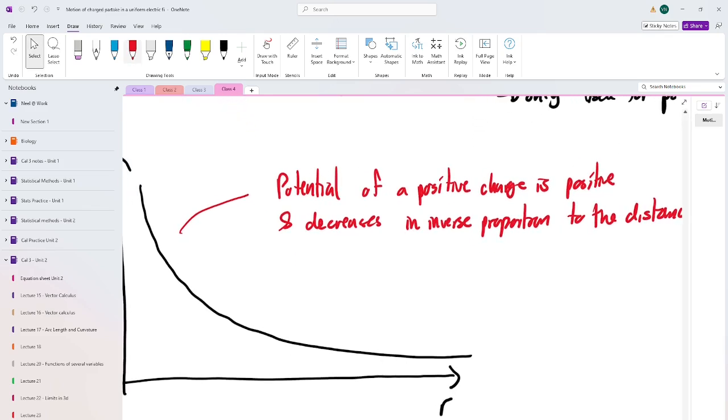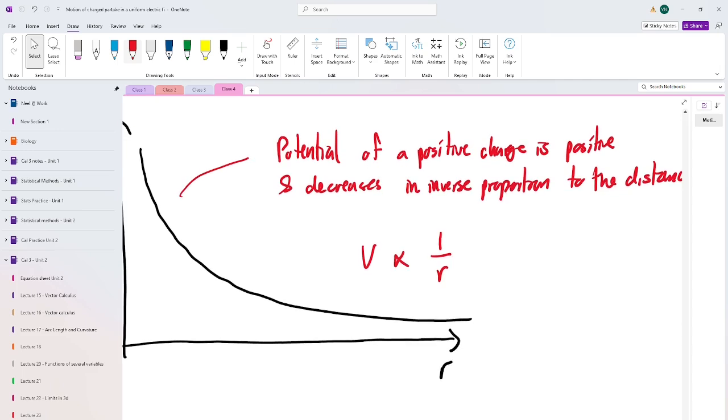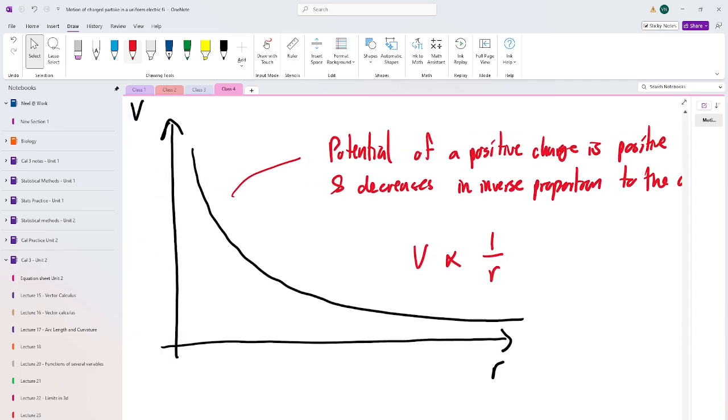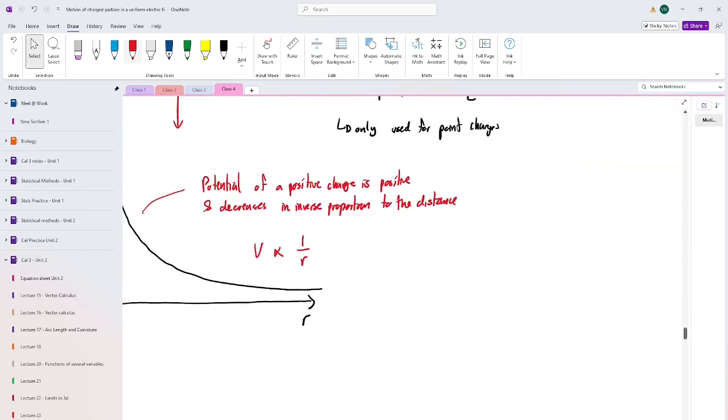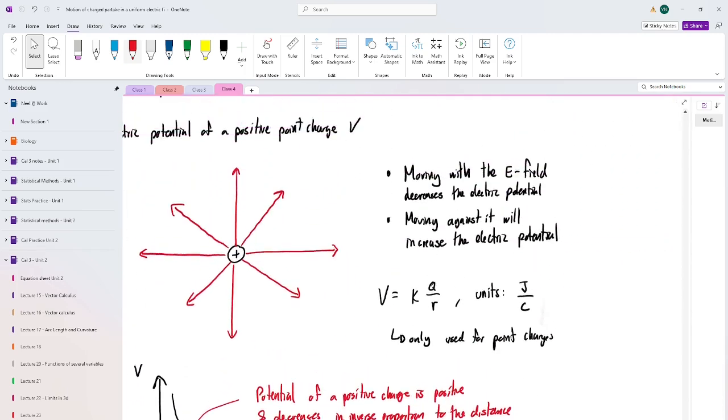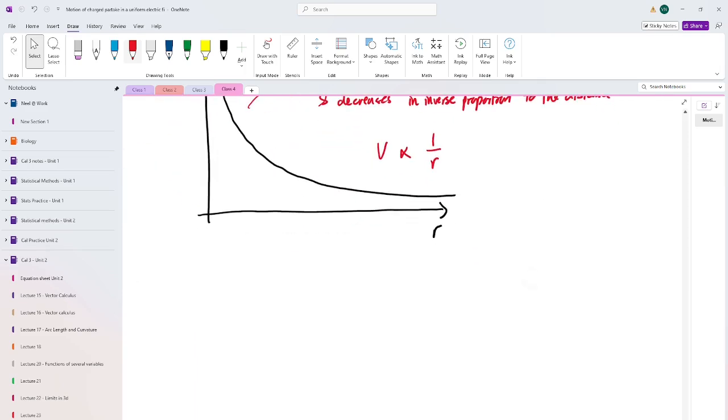What that means is that the potential is inversely proportional to the distance, or to r, or V is proportional to 1 over r. And the same, or I guess the opposite, can be said if we have a negative charge.